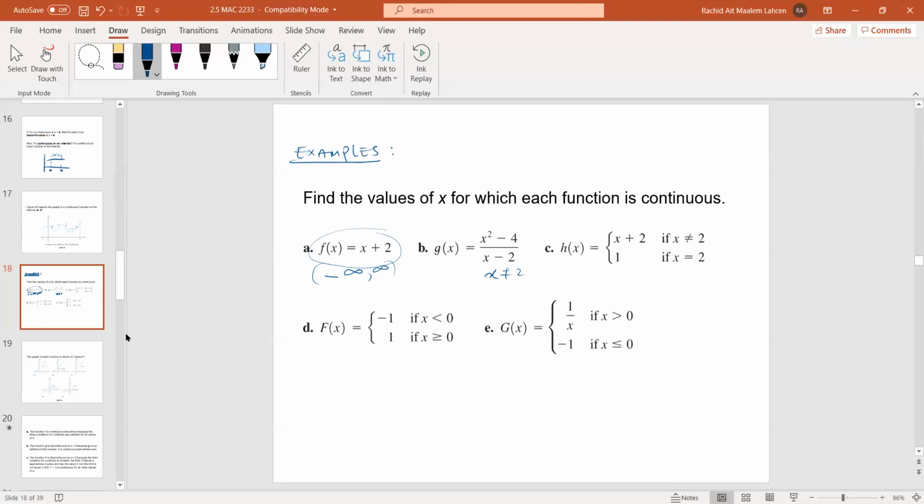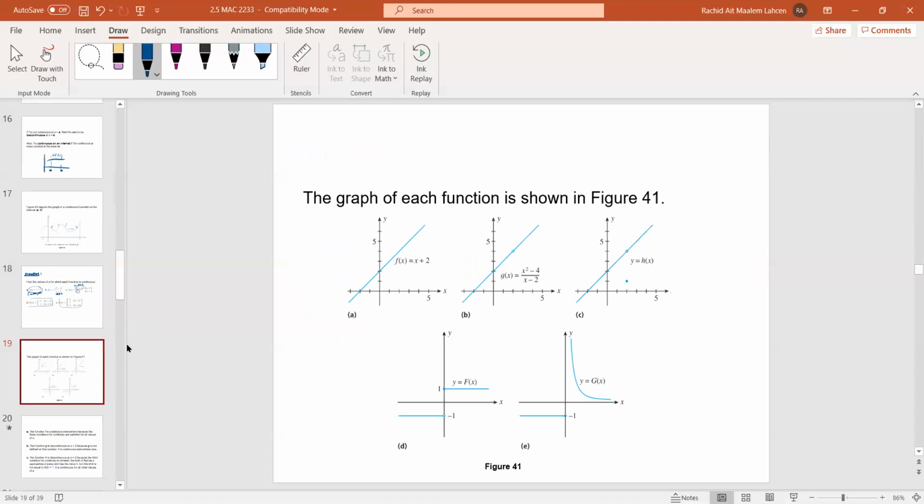This one, when x does not equal 2, takes this rule, this line, y equals x plus 2. When x equals 2, it takes this value of 1. We've seen these before, so let's just look at the graphs and investigate. All right, as you see, no problem.